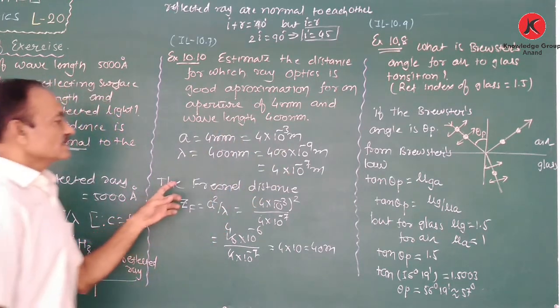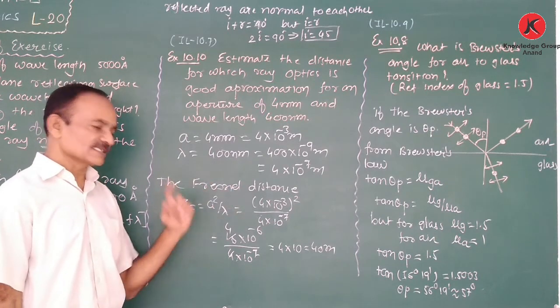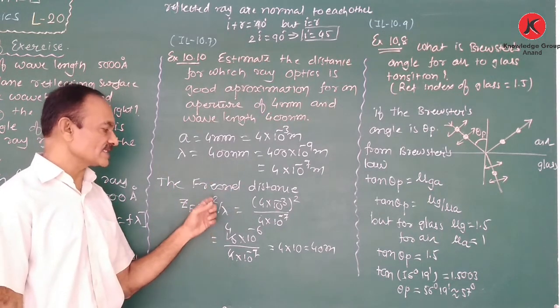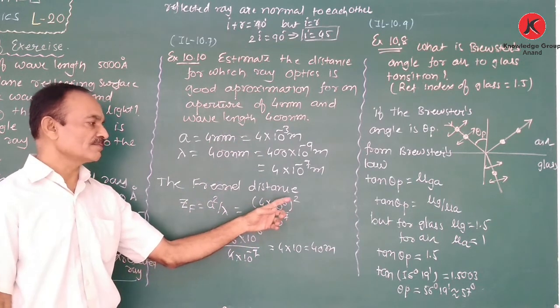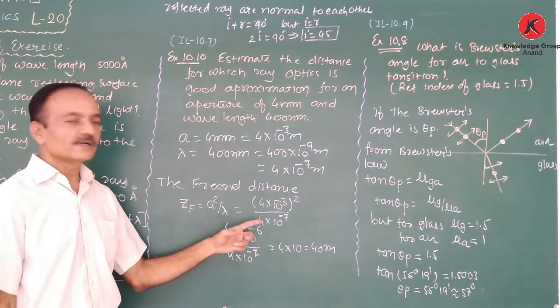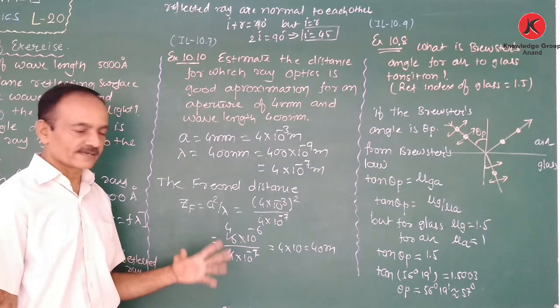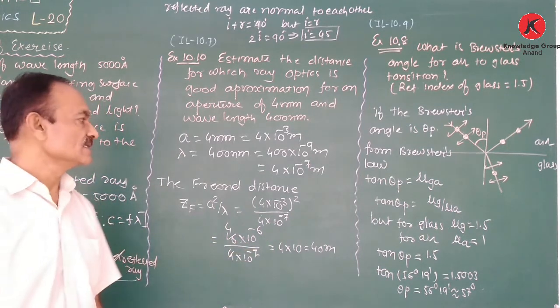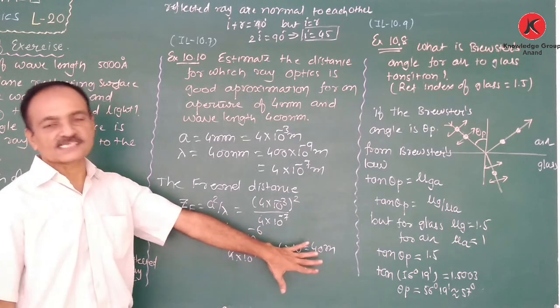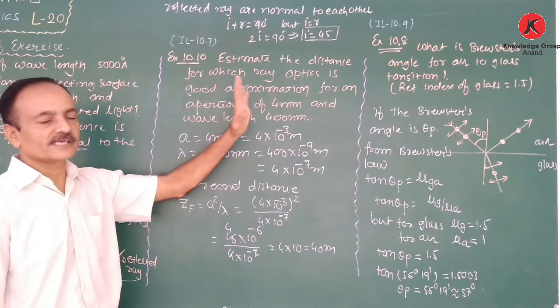Now the Fresnel distance ZF is equal to a square upon lambda. We substitute the values: 4 into 10 to the power minus 3 whole square upon 4 into 10 to the power minus 7. So we obtain 40 meter. Up to this distance, a good approximation of ray optics is obtained.